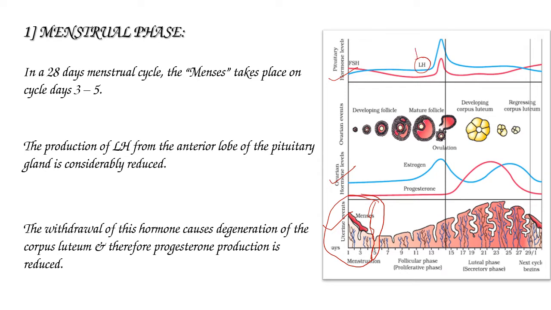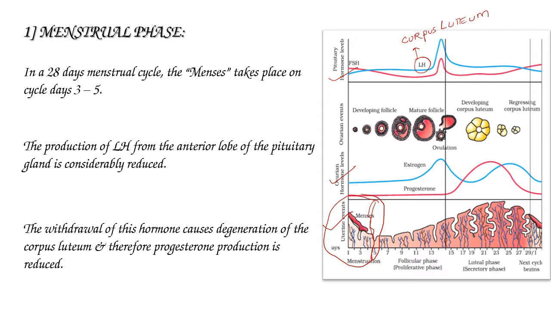This luteinizing hormone acts on the corpus luteum to produce a hormone called progesterone. So when LH production is reduced, it causes the degeneration of the corpus luteum that we can observe in the ovarian events here.